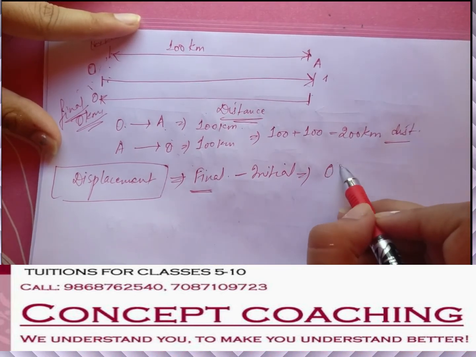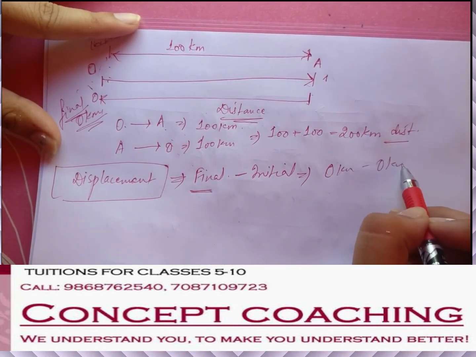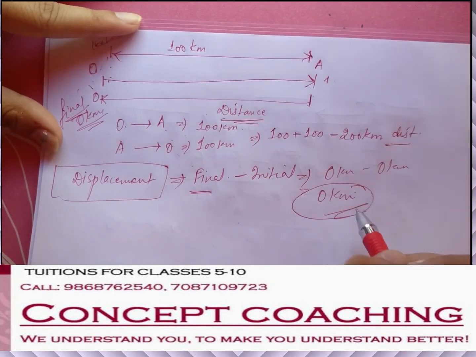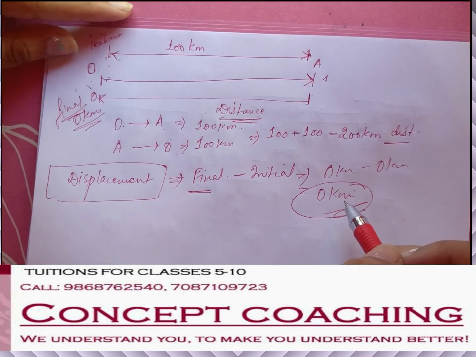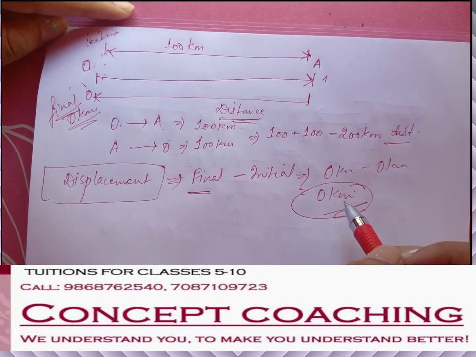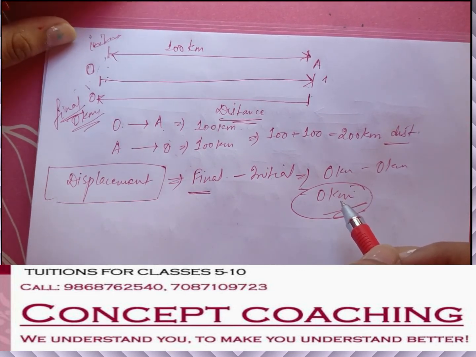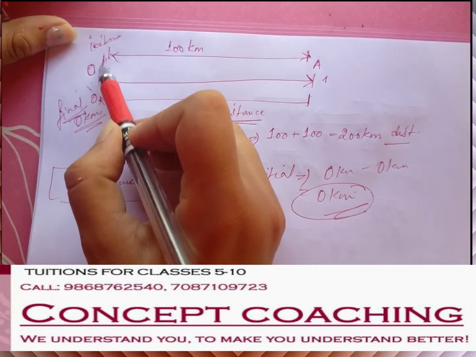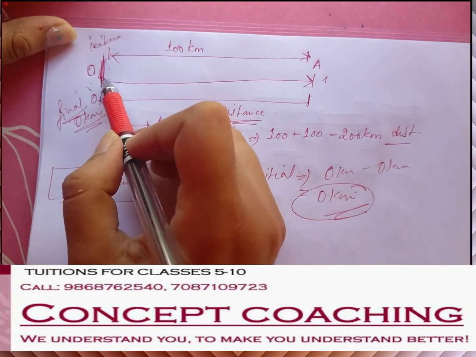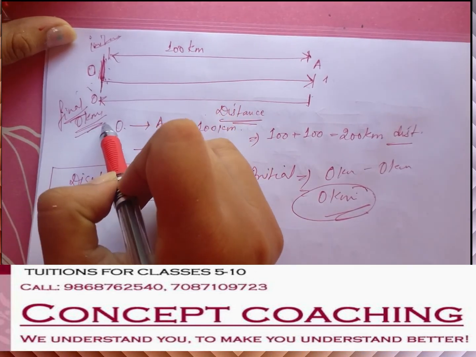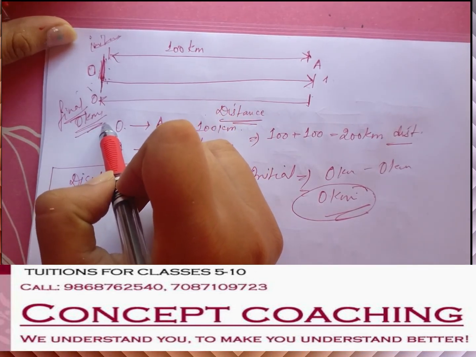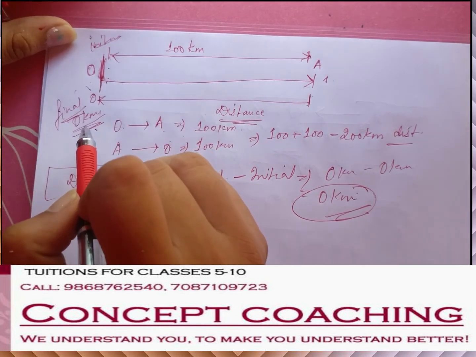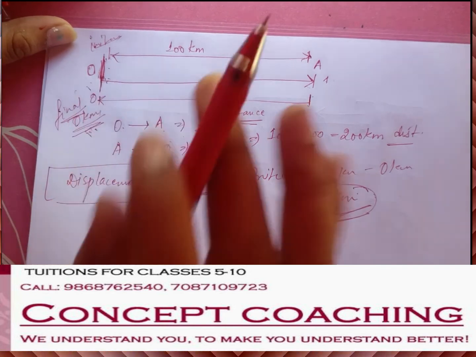So final minus initial is 0 minus 0, which gives us a displacement of 0 kilometers. So displacement can also be 0 at times when the final and initial position of an object coincide. That means whatever the initial position of an object was, that exactly is the final position of that object. In this condition, the displacement of the object is 0.